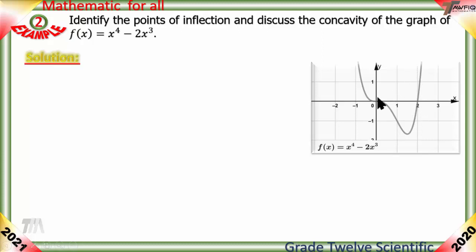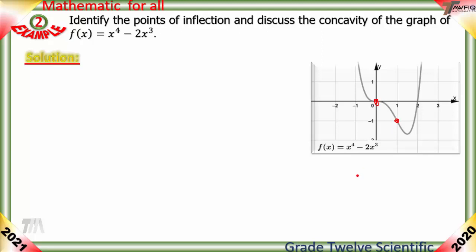That means we have two inflection points, one of them at 0, 0 and the second one at 1, minus 1.